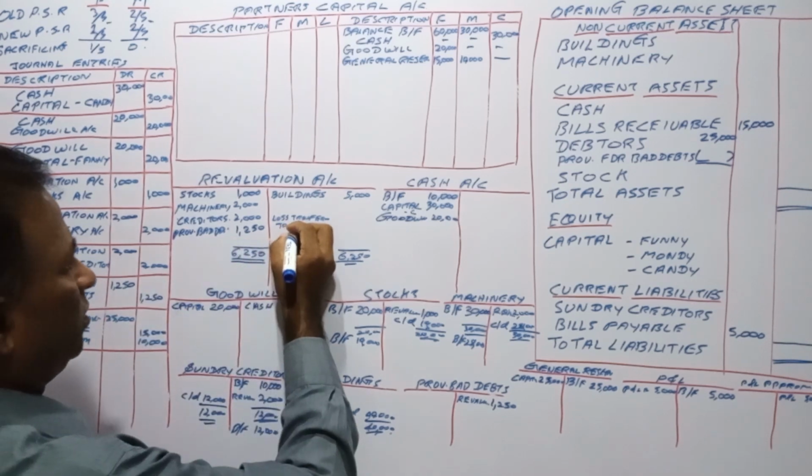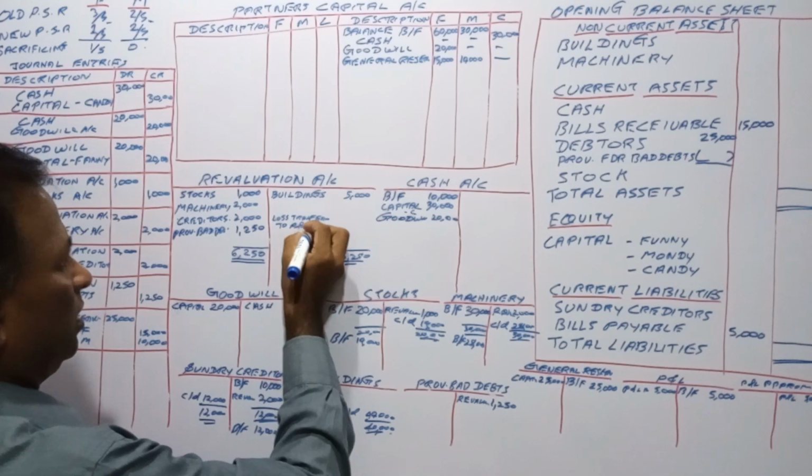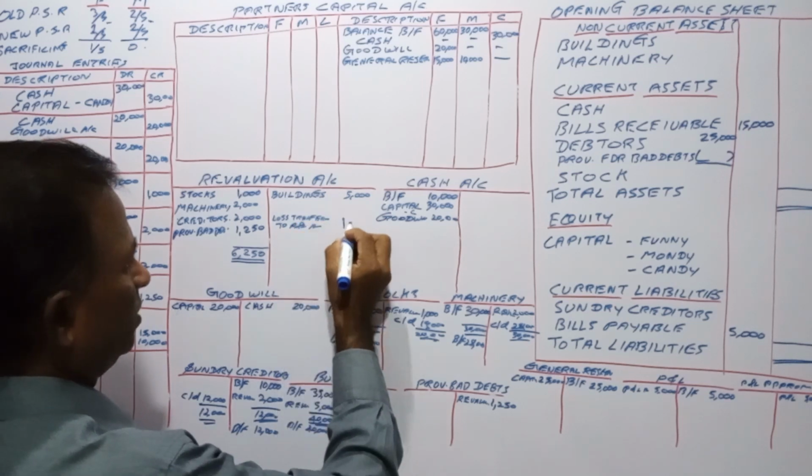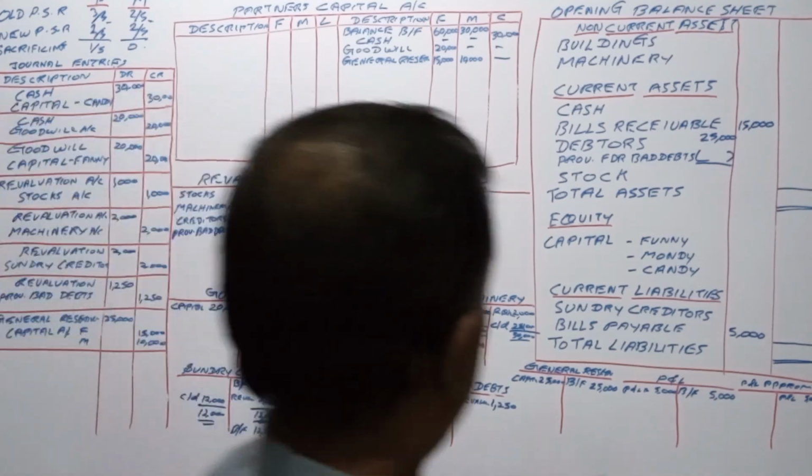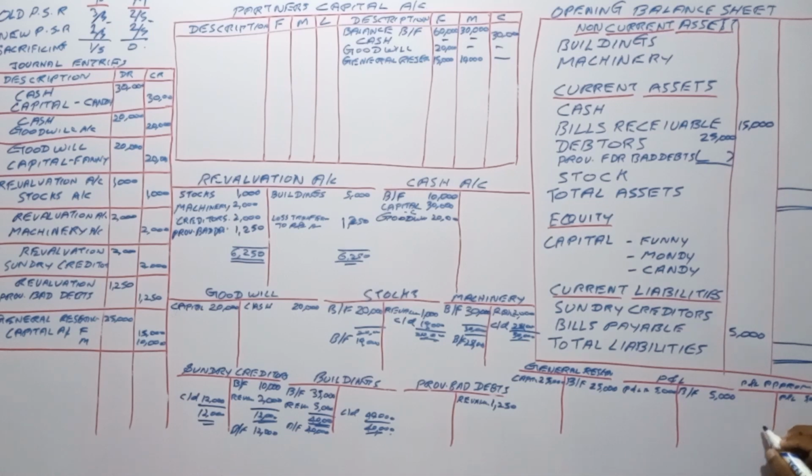We can say profit and loss appropriation account, right? 1,250, 1,250. Then here we will say loss 1,250, right? Revaluation loss, right? The difference is 3,750.